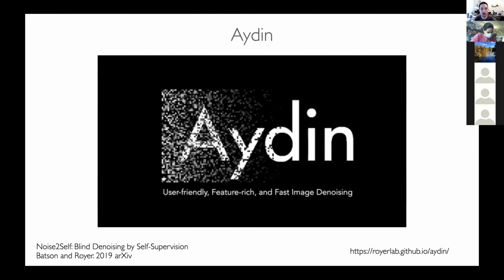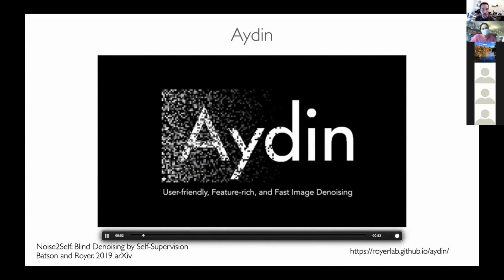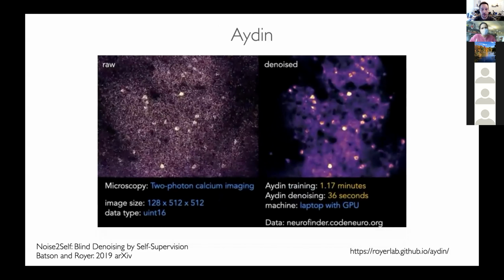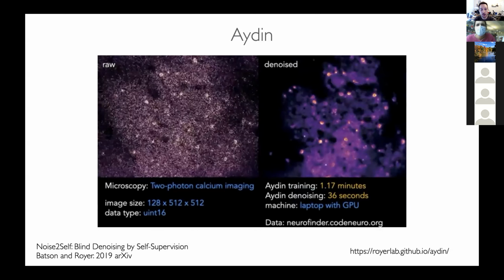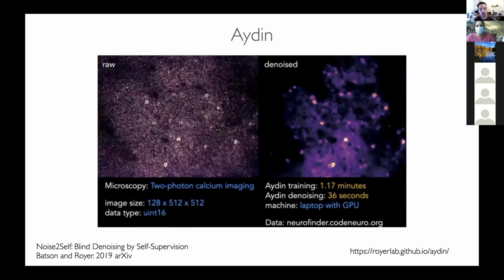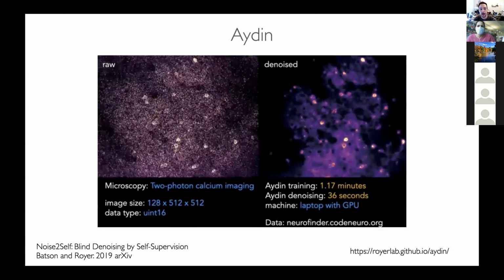There's also been work in making a lot of the denoising tools available. Aiden is a very recent tool that was made available for sharing denoising algorithms.